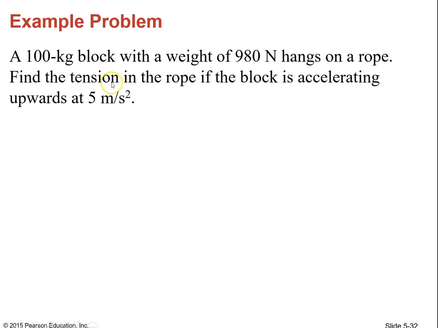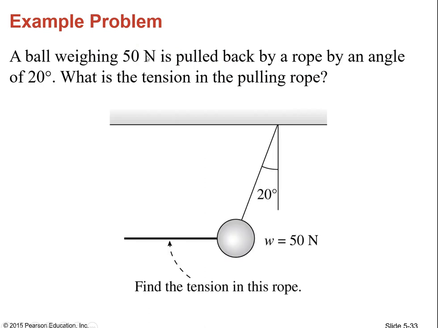So the tension upward actually has to be 1,480 newtons, 500 newtons more than the weight, because we have an upward acceleration. We have a downward weight. The tension up has to create this acceleration, so it has to be more than the 980.